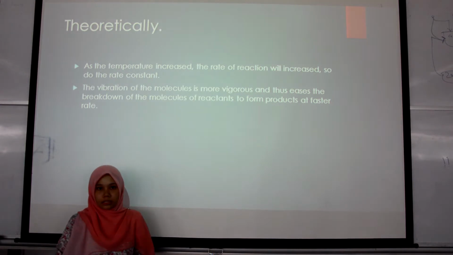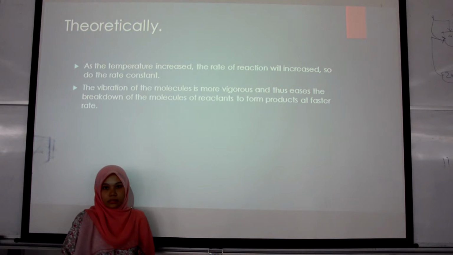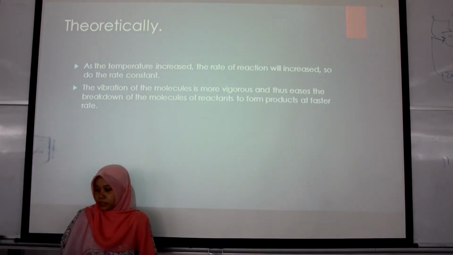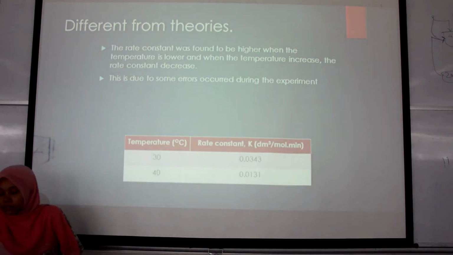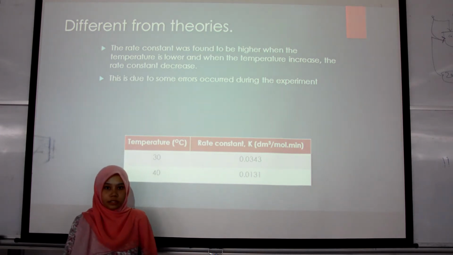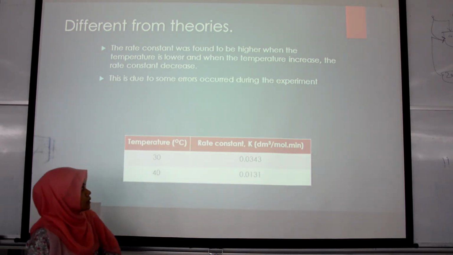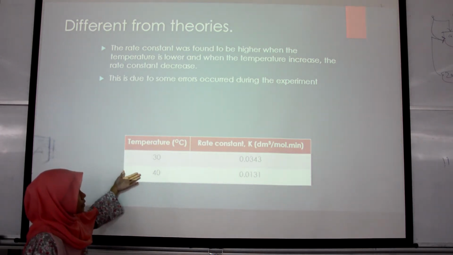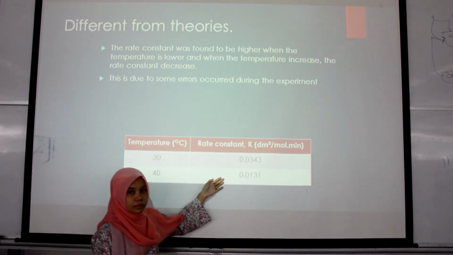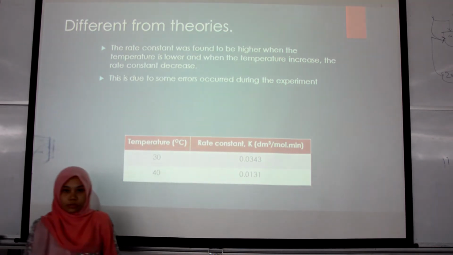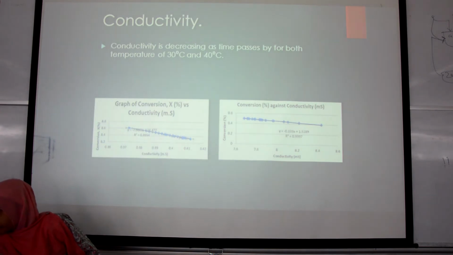This is because when the temperature increases, the kinetic energy of the molecules increases and the reactants move more vigorously to break the bonds, and thus the reaction rate increases. But from this experiment, what we obtained is different from the theory. The result shows that as the temperature increases, the reaction rate decreases. This is probably due to some errors in the experiment.